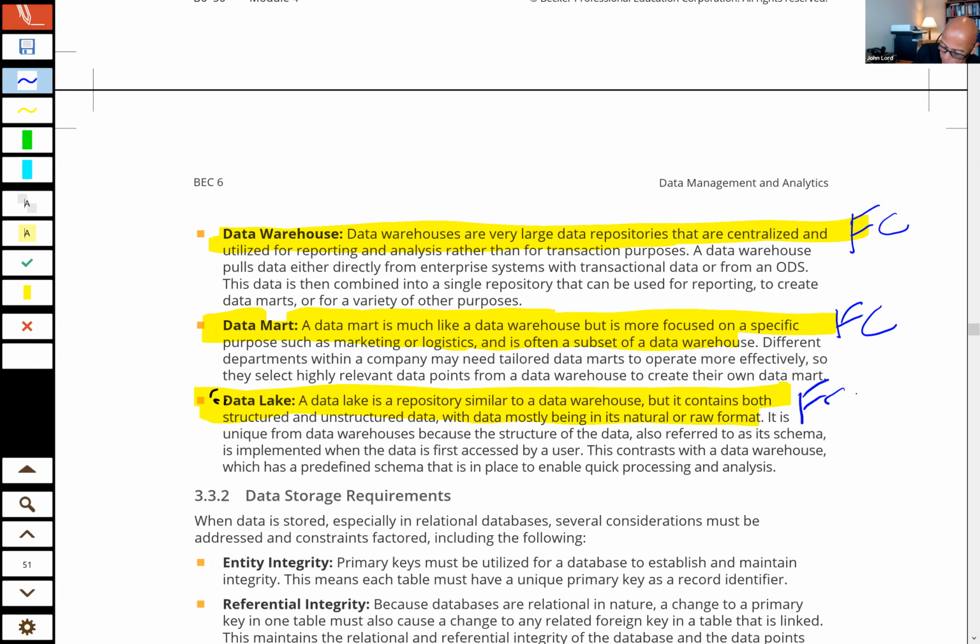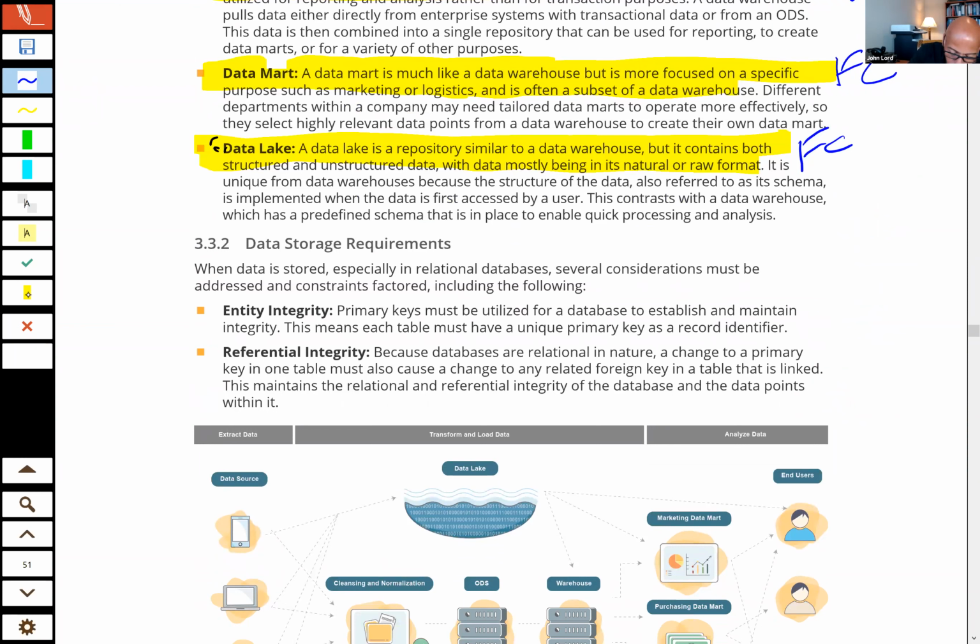Those are all definitions. Coming down, data storage requirements, okay, and we have entity integrity versus referential integrity. Okay, so primary keys for entity integrity must be utilized for a database to establish and maintain integrity. This means each table must have a unique primary key as a record identifier.